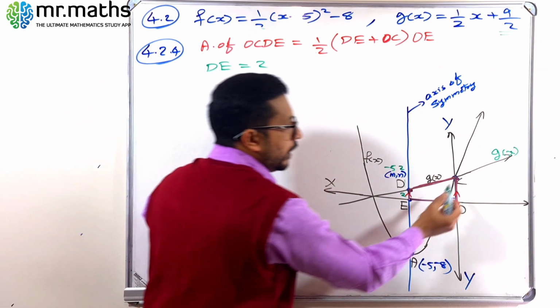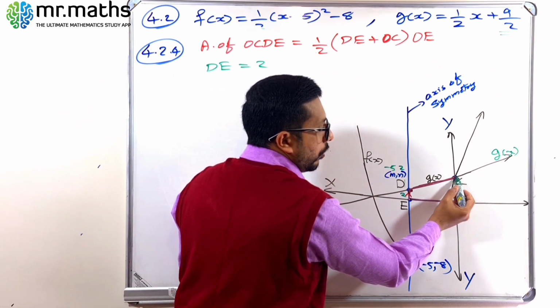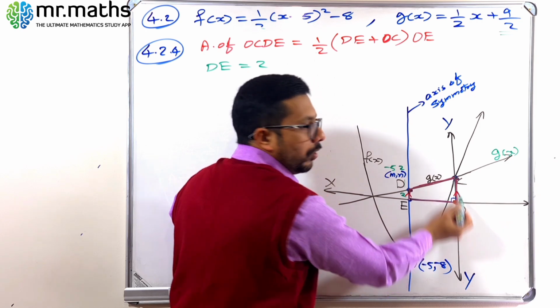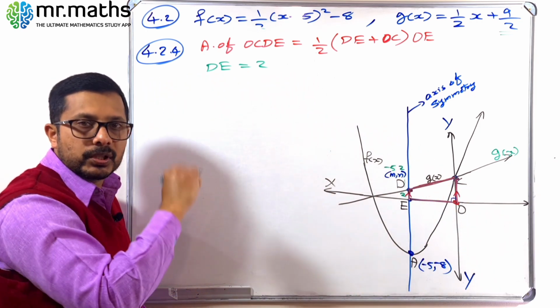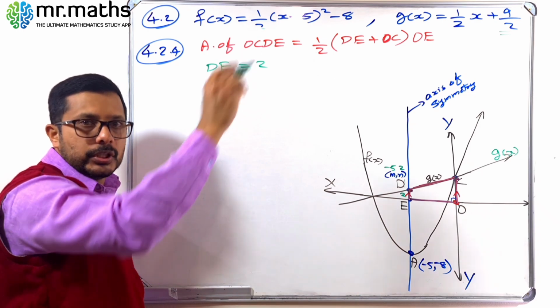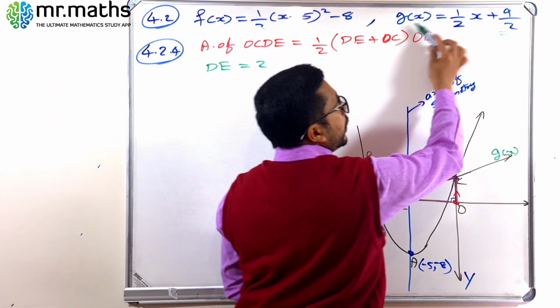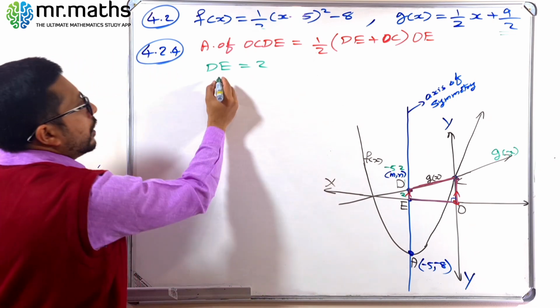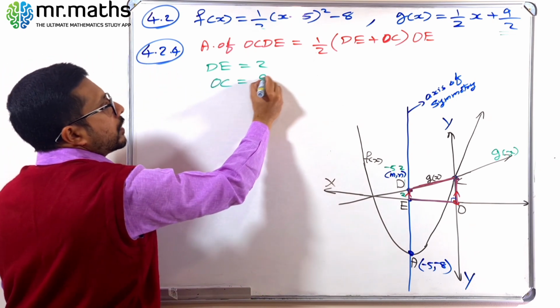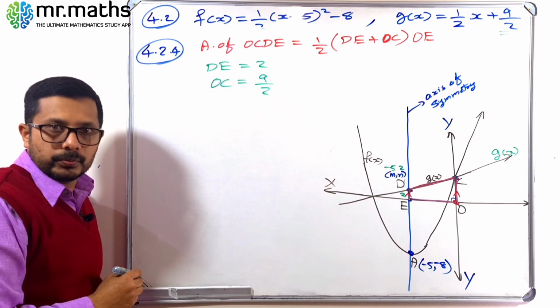It means the length of OC is 9 over 2 because that is the y-intercept. What is the y-intercept from the equation? 9 over 2. So the length of OC is 9 over 2.